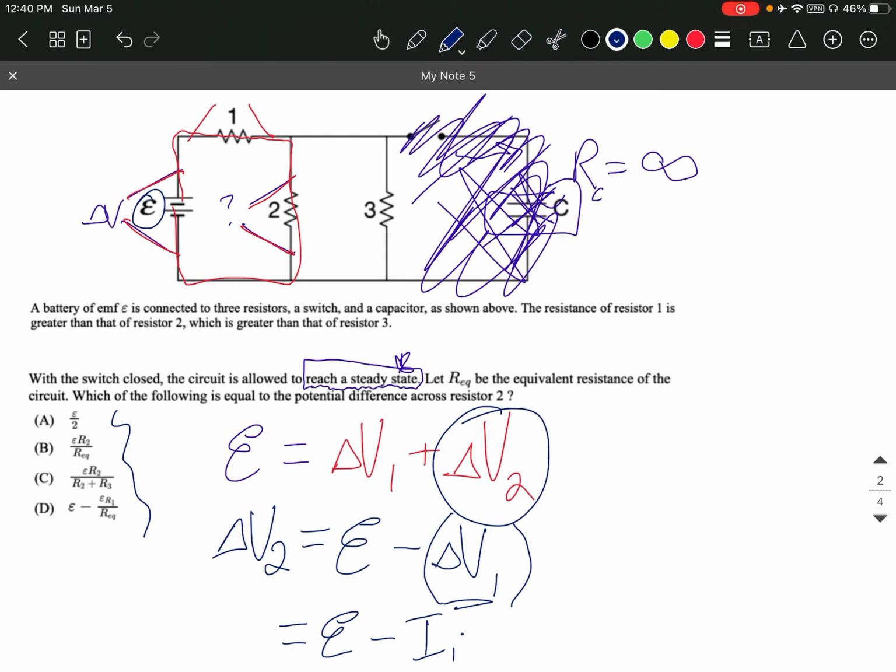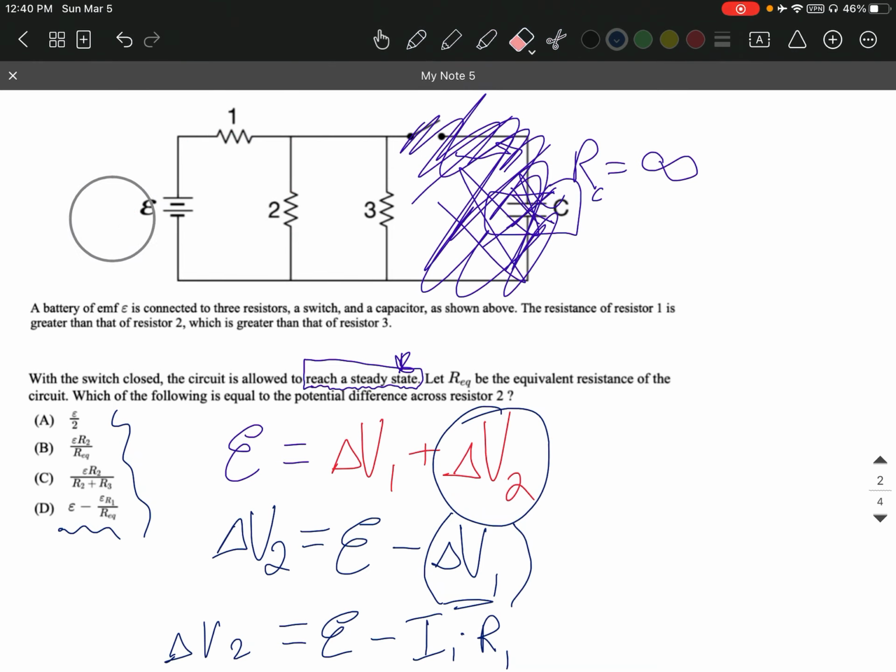So the current through resistor 1 times the resistance of resistor 1, and I get here. Starting to look more and more like answer D, but if you still weren't sure, going one step further would get you to a point where you could actually make a cool realization here.